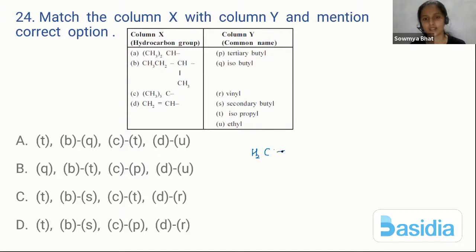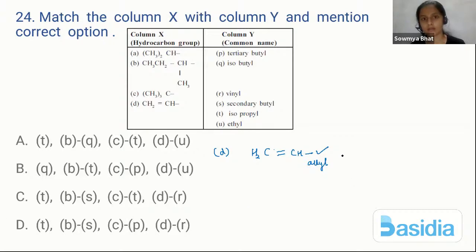CH2 double bond CH, I'm going with option D to be precise. Now, there is some group here that is directly attached to the double bond, and it is called the allylic group. So option D will go with the allyl.